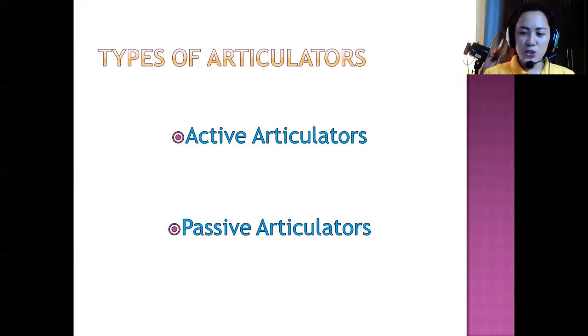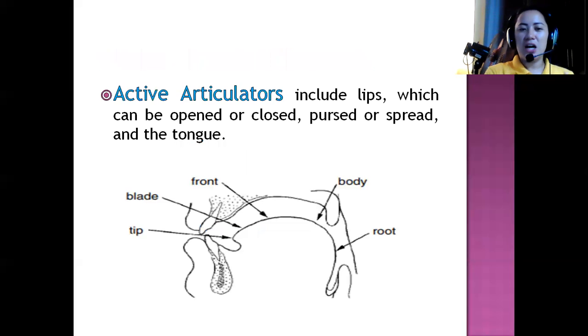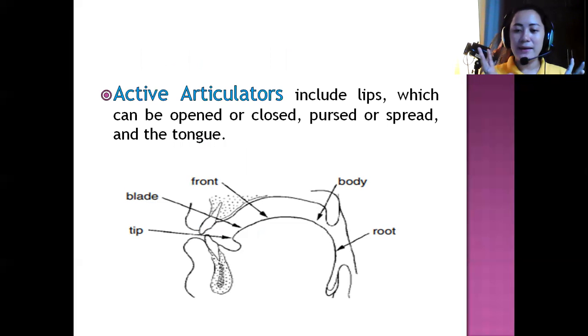So observe, we have the lips and the tongue, which are always moving, and the other parts of the mouth are just passive. So active articulators include the lips. We have the upper lip and the lower lip, which can be open or closed, pursed or spread. And we also have the tongue.